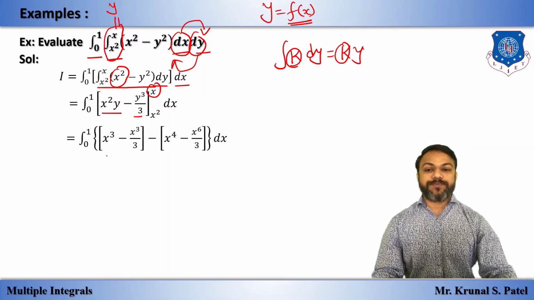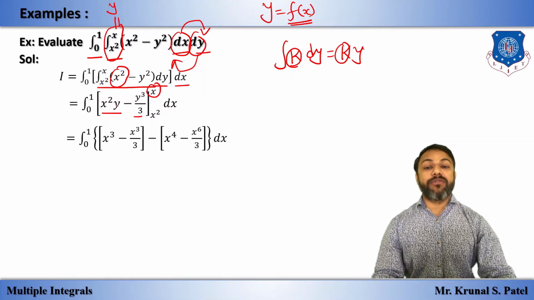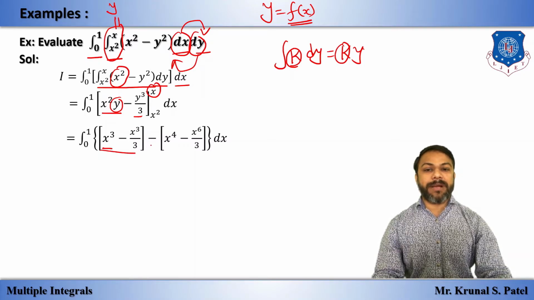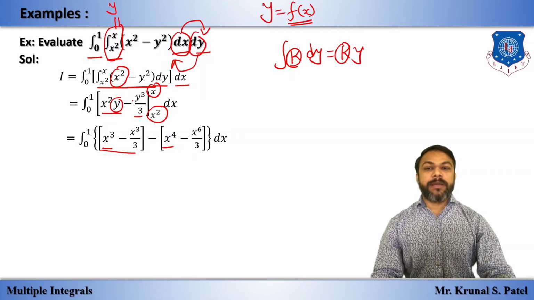First we will put x, the upper limit, in place of y, because we integrated with respect to y. So x square into x gives x cube, minus x whole cube by 3 as it is. The upper limit is done. Minus now the lower limit x square: x square into x square gives x to the 4, and minus x square whole cube.